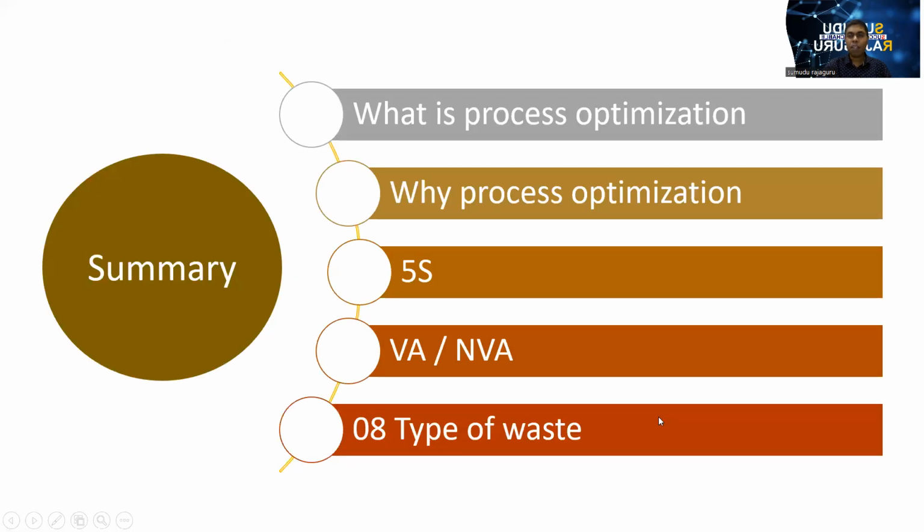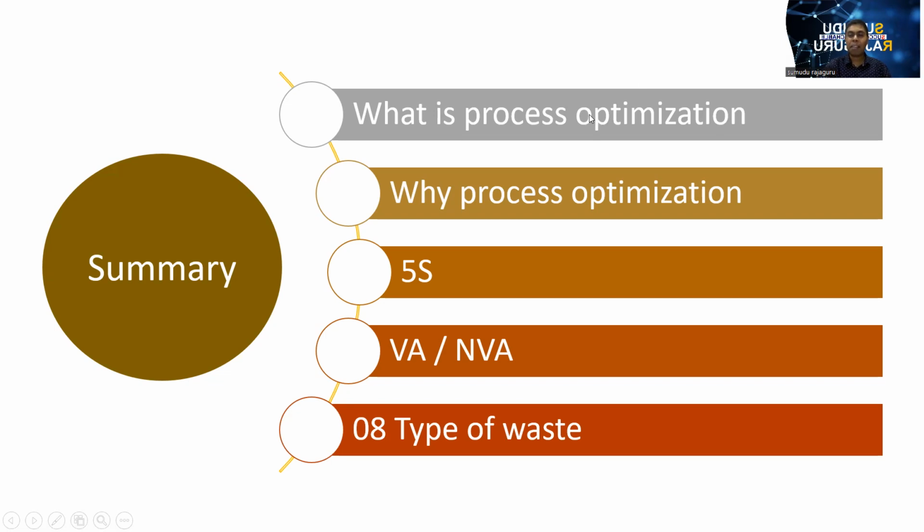Right. So I'm going to discuss with you the summary of what we have discussed in this video. Already we have discussed the process optimization. I would like to remind you, process optimization is a discipline of adjusting the process.